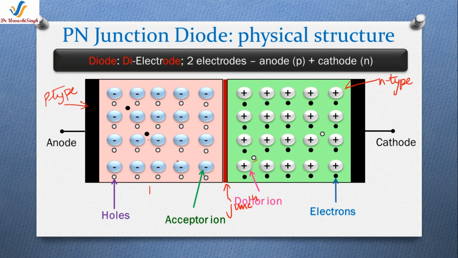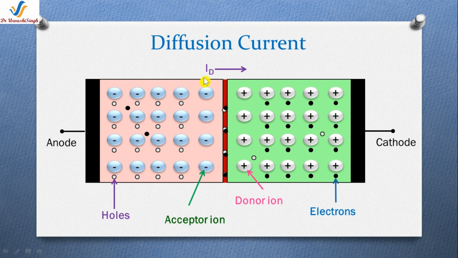So a concentration gradient is created and the majority carriers will move: the holes will move from P to N, and similarly the electrons, the majority carriers of the N region, will move from N to P, and this will constitute a current called the diffusion current in the direction from P to N side.